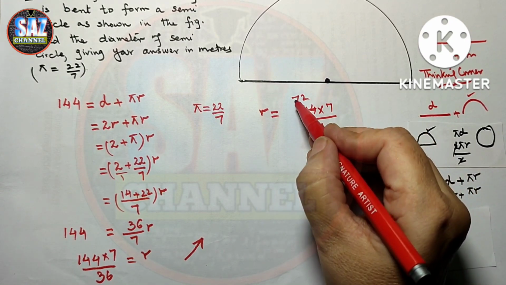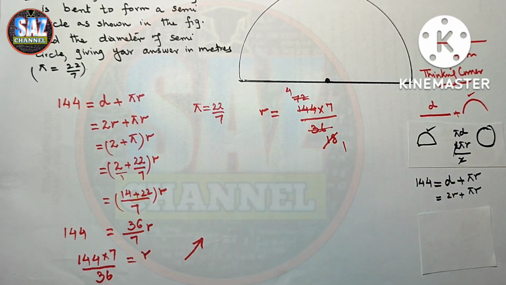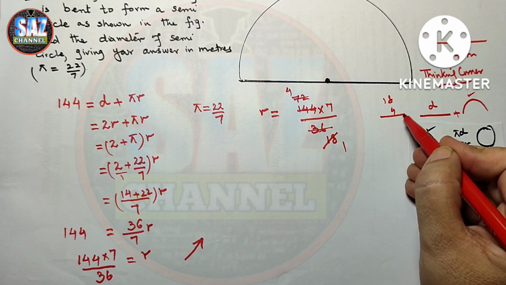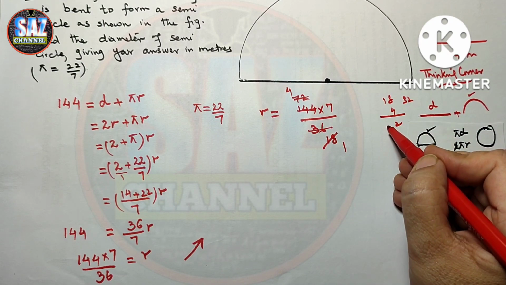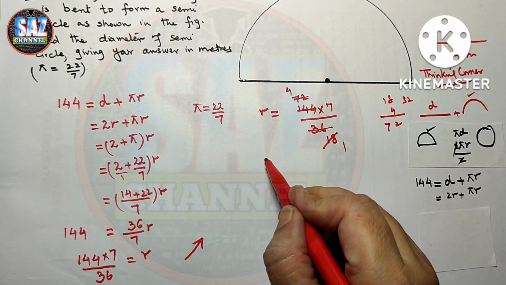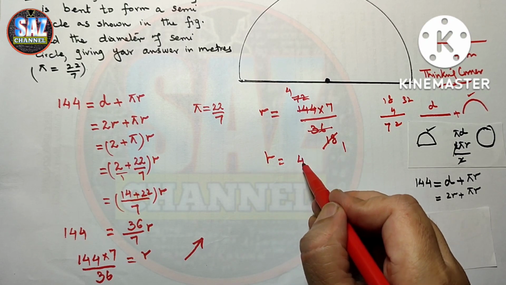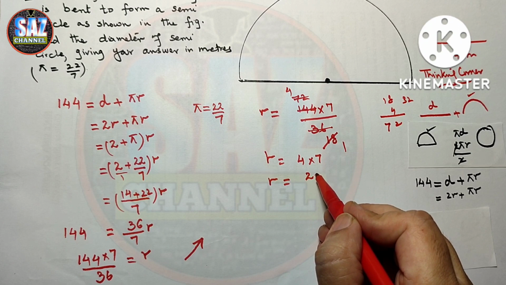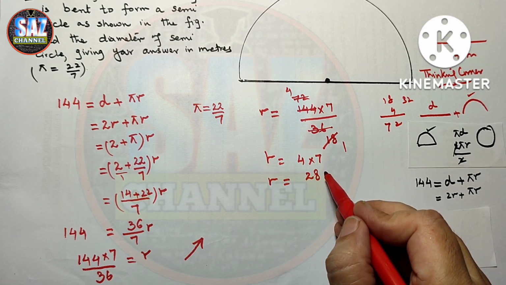Let me confirm that. 18 multiplied by 4, 4 eights are 32, 2 and 4 ones are 4 and 3, 7, and I'm left with 4 multiplied by 7, and the radius equals 28 centimeters.